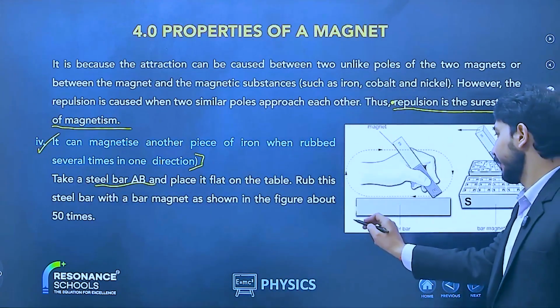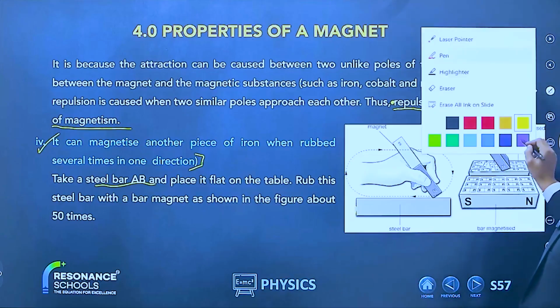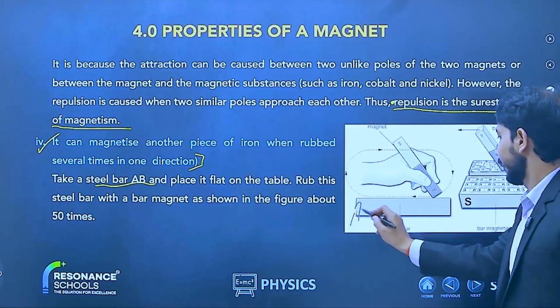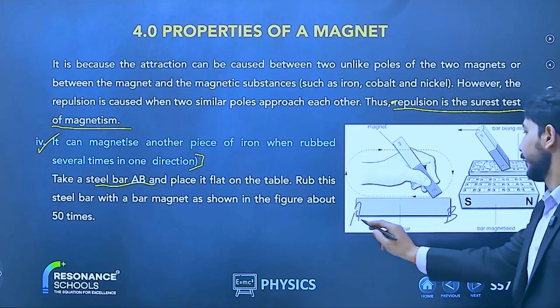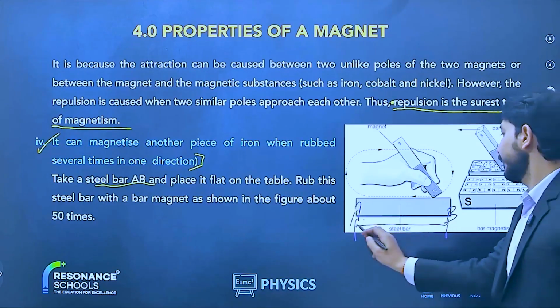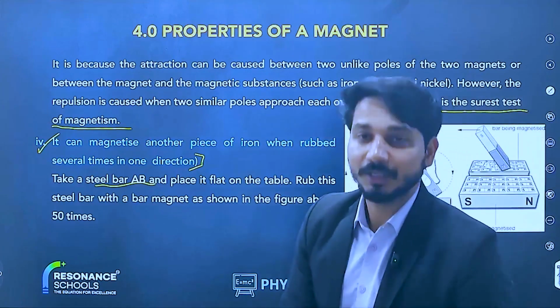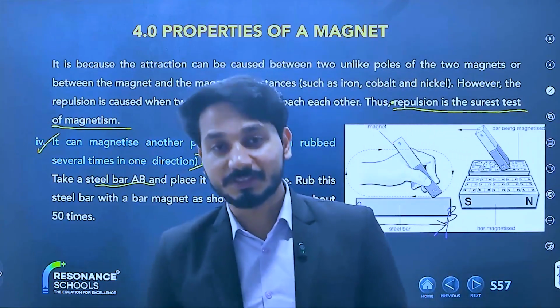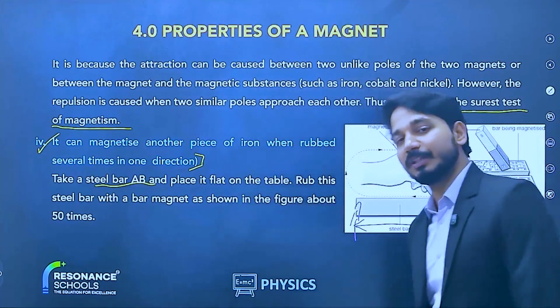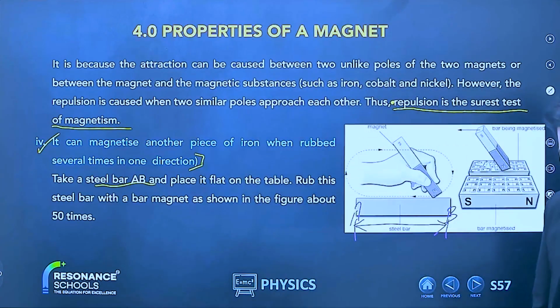Here it is saying A, B. AB is representing the length of the steel bar. Right, Hamza? Okay. So I hope it's done. Moving ahead to the next slide.